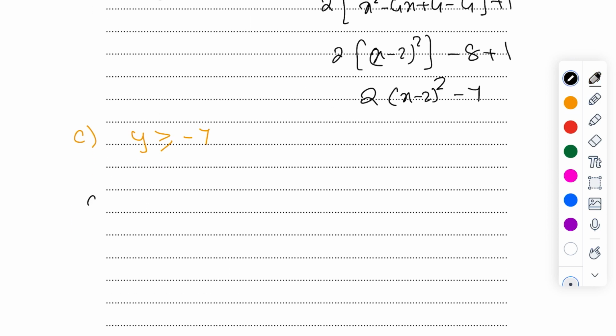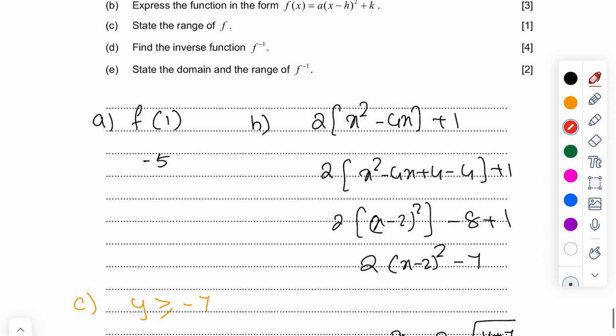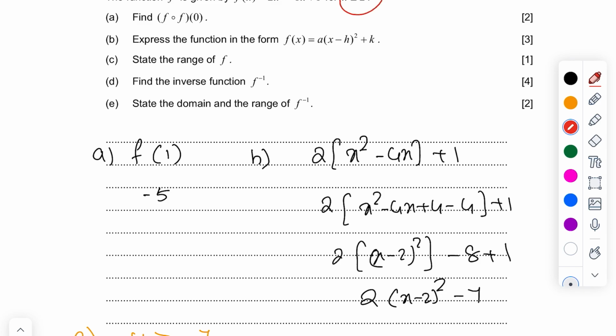So part D, 2 times of x minus 2 whole square minus 7 equals y. 2 bracket x minus 2 whole square equals y plus 7. x minus 2 whole square equals y plus 7 upon 2. So x minus 2 equals plus or minus square root of y plus 7 upon 2. So x equals 2 plus or minus square root of y plus 7 upon 2. But we know that x is always less than 2.